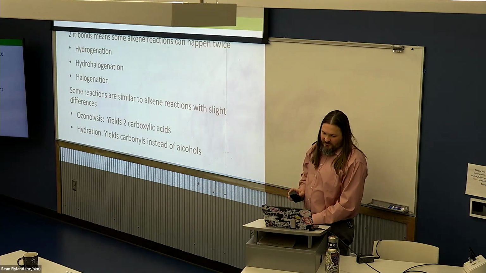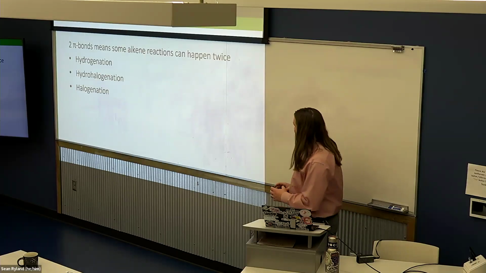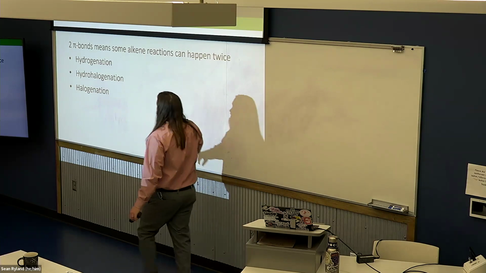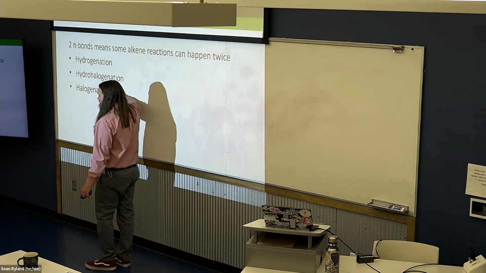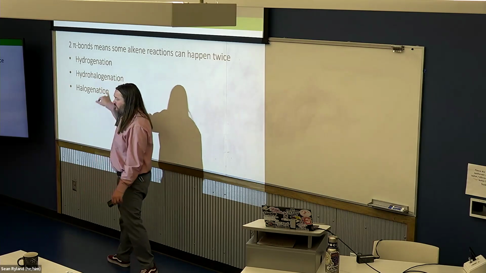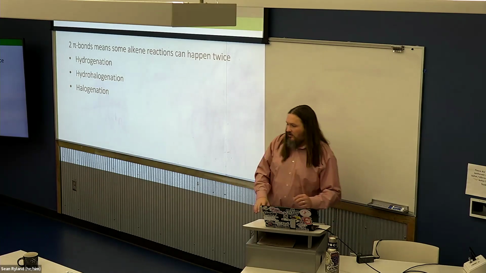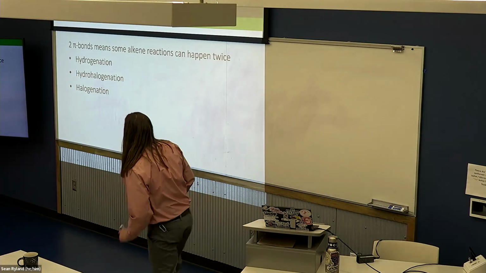Here's some other reactions. Actually, let me go back. This slide. These ones really don't change. These ones we can control just by looking at the stoichiometry. So there's really not a whole lot that we need to spend time on.